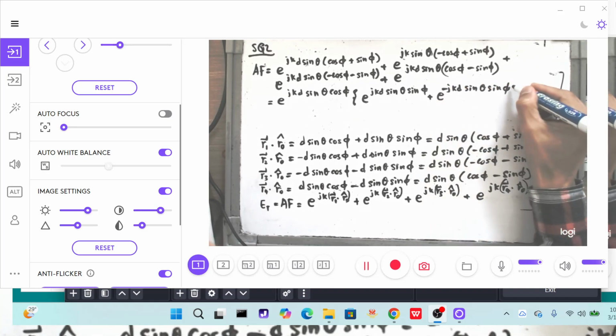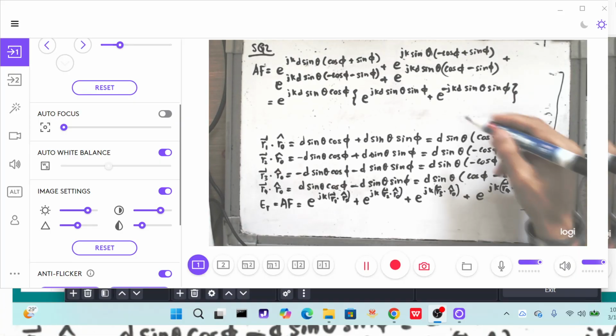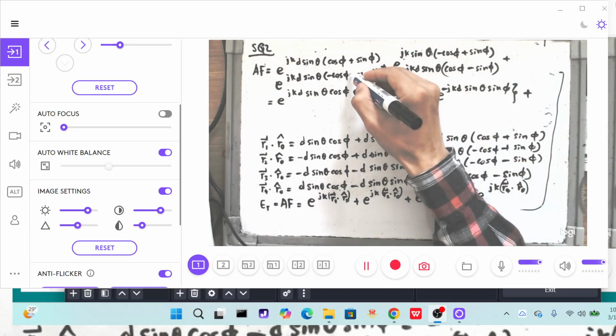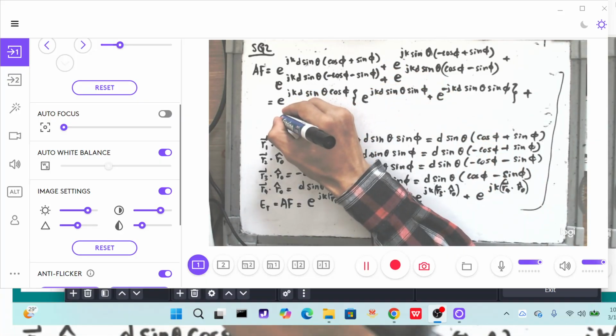Yeah, now we are on the right path, at least apparently. And now we are going to combine these two terms very, very carefully.